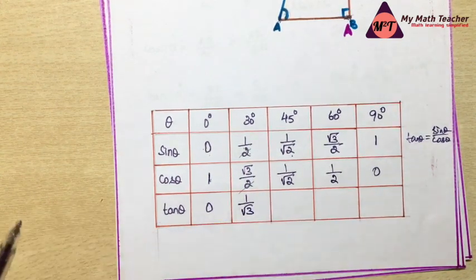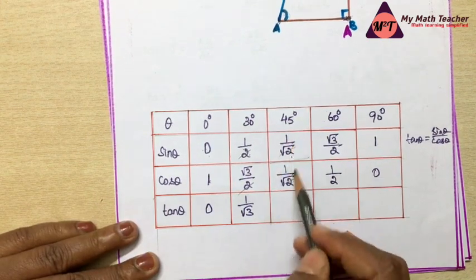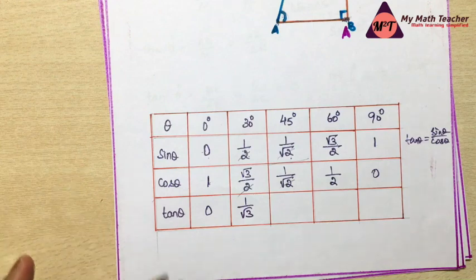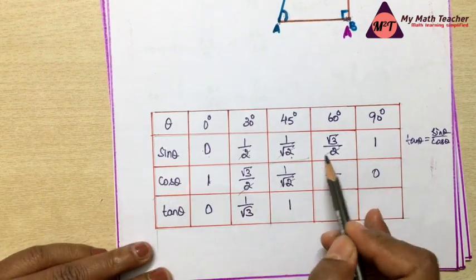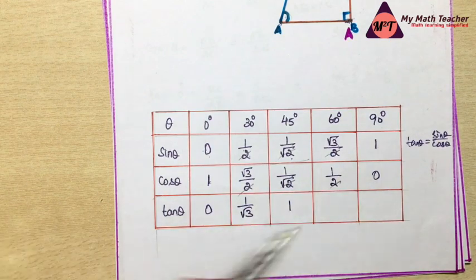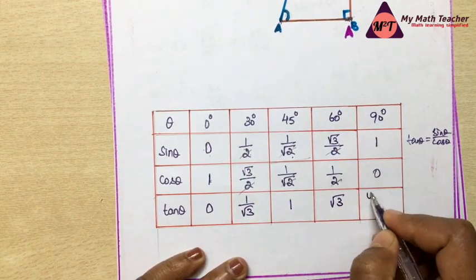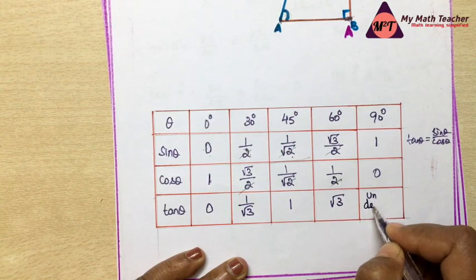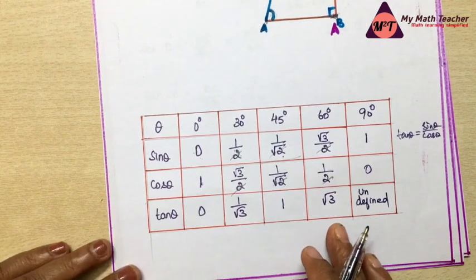The same way here you can cancel this and this. When you divide this, it will be 1 by 1, that is 1. Here 2 and 2 will get cancelled. Root 3 by 1 is root 3. 1 by 0 is undefined. This is the simple way of remembering the trigonometric values.